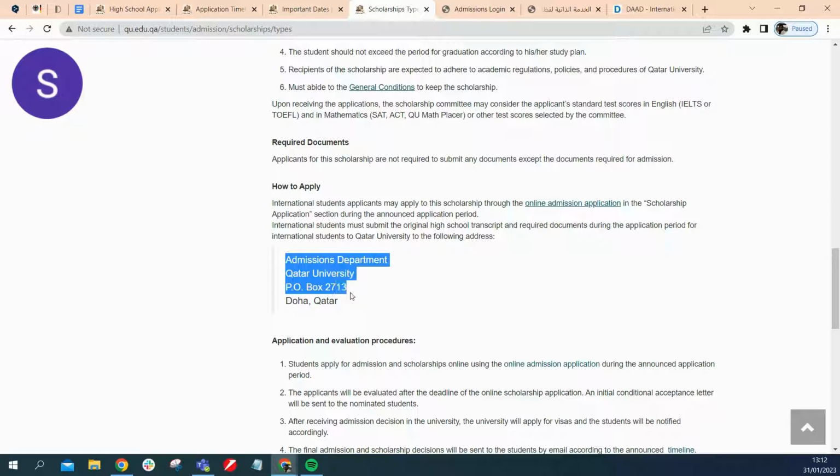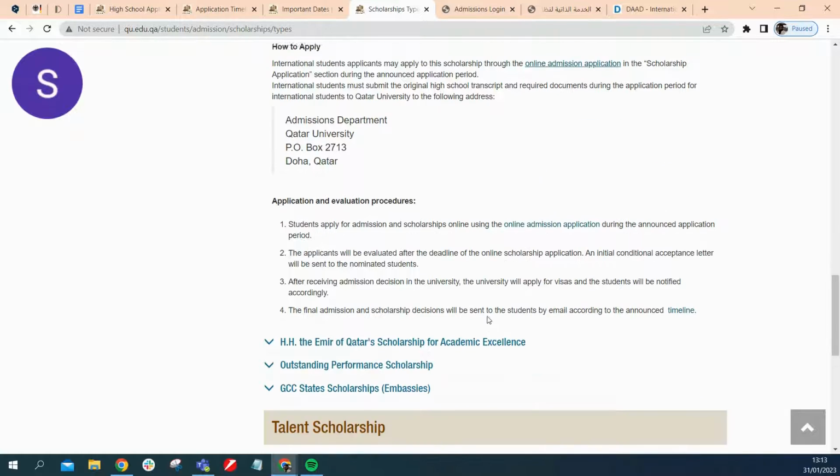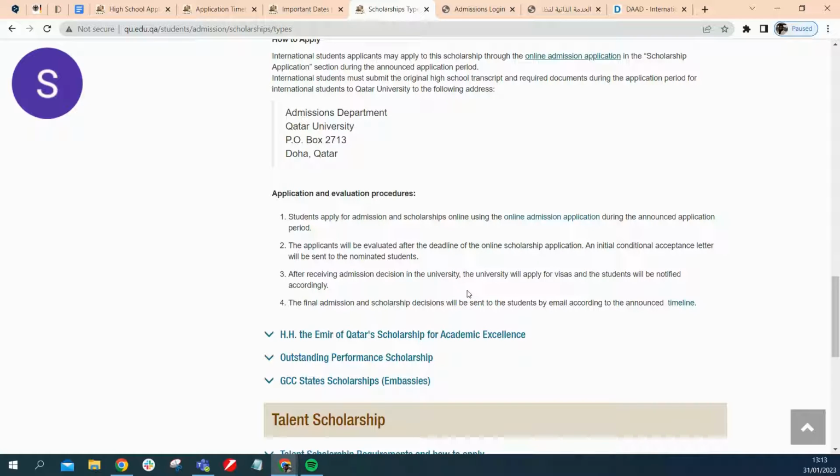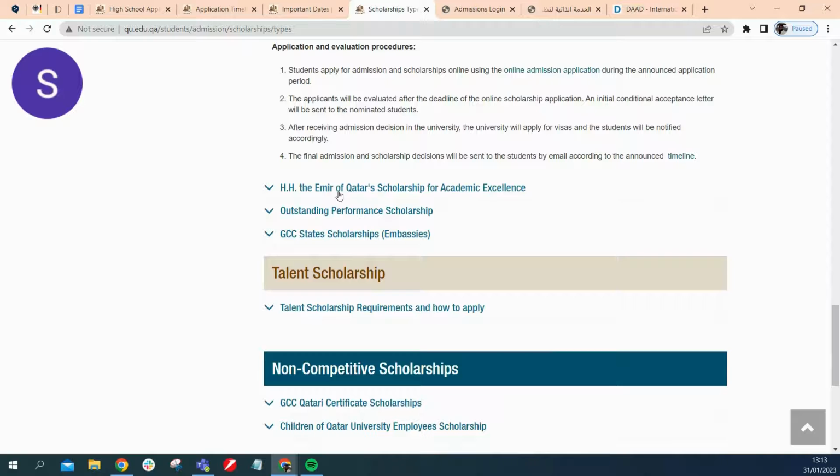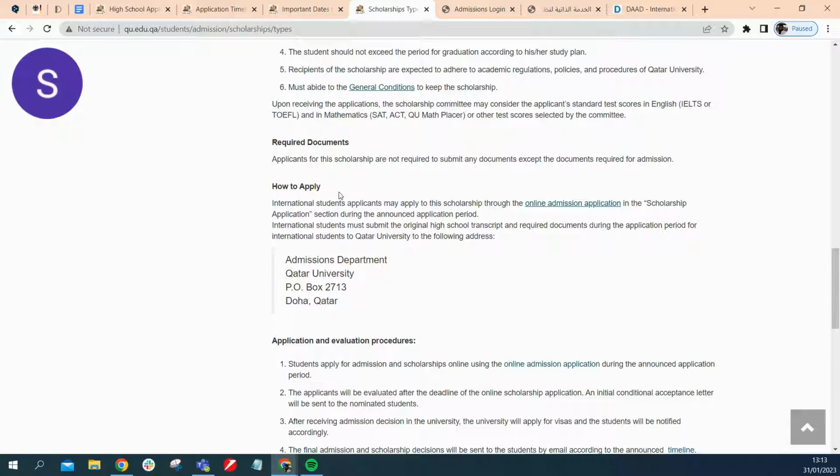So after you have filled out this online application form, you should ensure that you complete it, print it, and send it to the admission department, Qatar University PO Box, as you see here, so that they receive it in their post box. So please do well to ensure that you send this before the application deadline so that you will be considered for this wonderful opportunity.